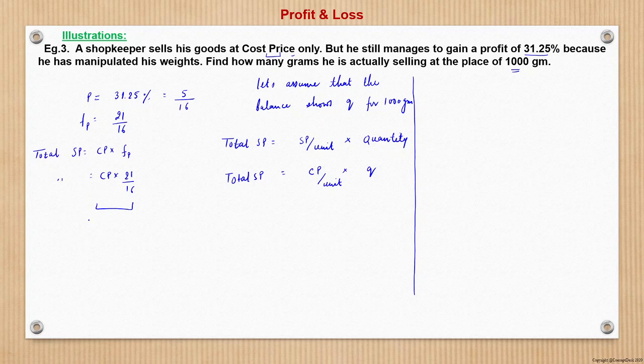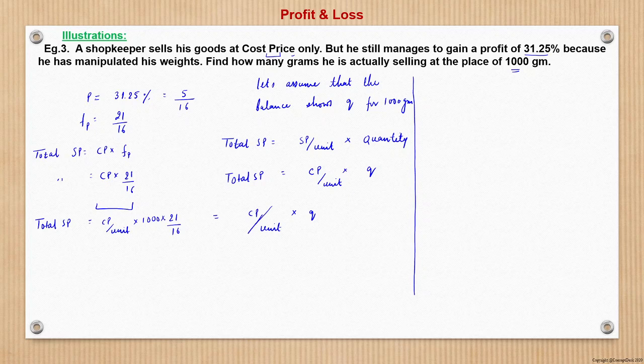So here what is the CP? CP means actually he has put a weight of 1000 gram. So this is total CP: CP per unit into 1000 gram into 21 by 16. This is total SP, and this should be equal to the total SP here, which is CP per unit into Q quantity, right?